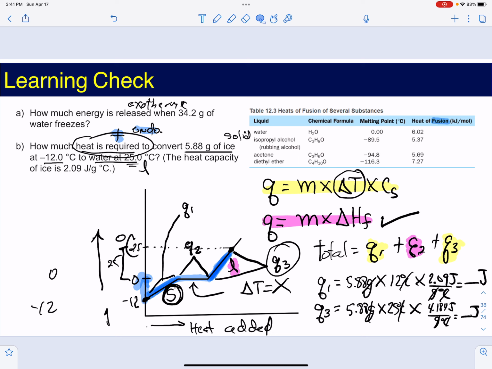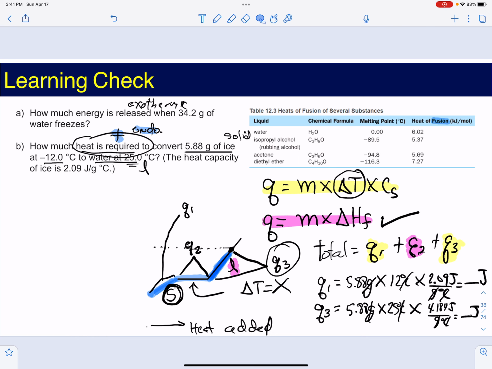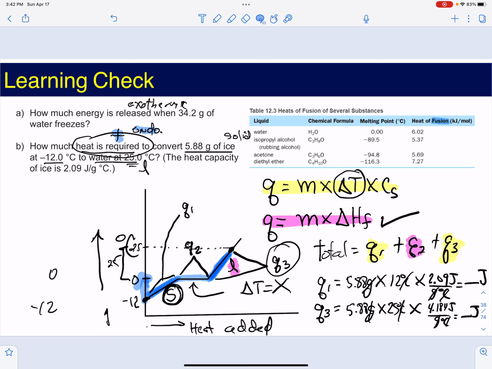So what about Q2? For Q2, we're gonna have to be using the second formula because that's where the solid and liquid are in a perfect equilibrium.